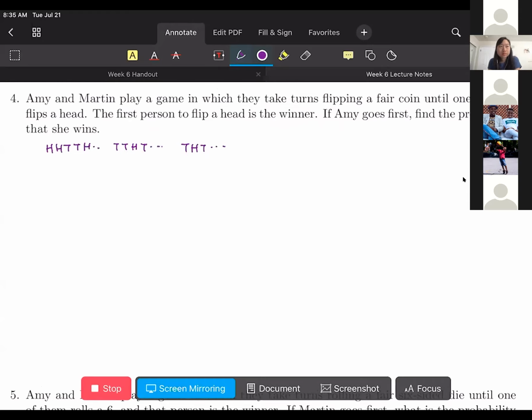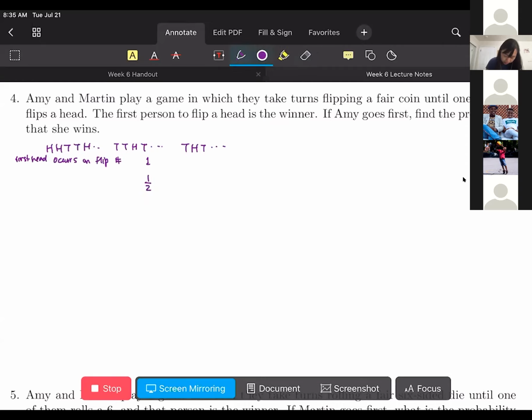And so we want to find the probability that the first head occurs on some flip, like say the first flip or the second flip or the third flip. So the probability that the first head occurs on the first flip is going to be 1/2, right? Because we flip one coin, and then the probability that it's heads is 1/2.